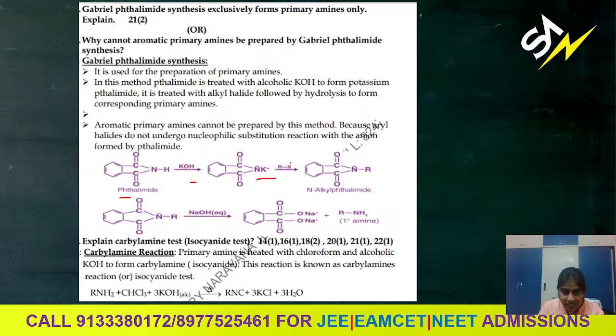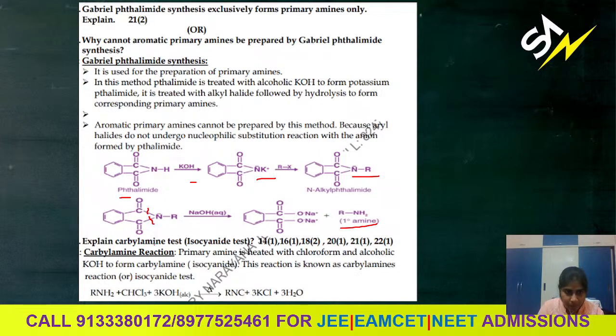When this reacts with any alkyl halide, it forms an N-R compound. When this further reacts with a base, there will be a bond breaking here, which results in the formation of the primary amine. Remember, Gabriel phthalimide synthesis is used to prepare primary amines. This cannot be used to prepare aromatic primary amines. This is only used to prepare alkyl primary amines.